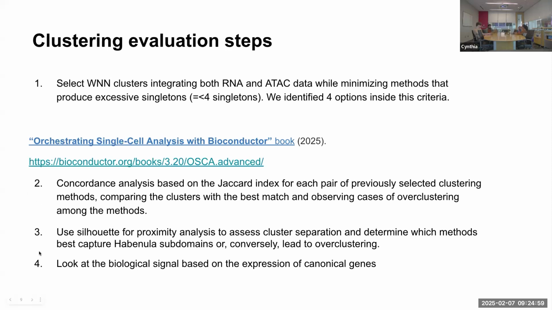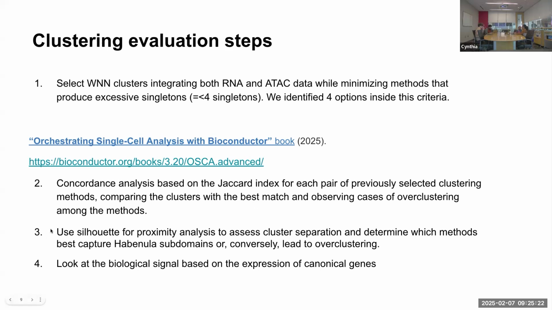And I apply only 3 of the available strategies to evaluate clusters. One is based on concordance, using the Jaccard index for each pair of the clustering outputs that we have selected previously. We do this to look for the best match and observe cases of overclustering among the different methods.